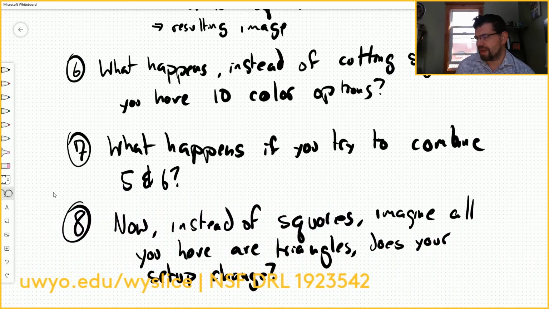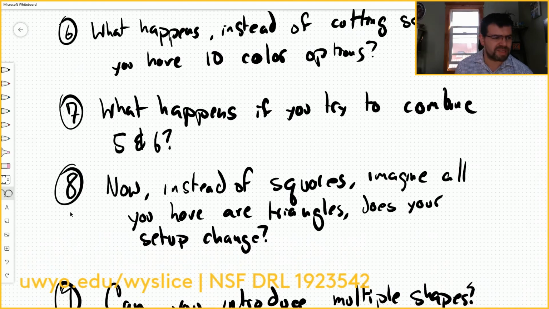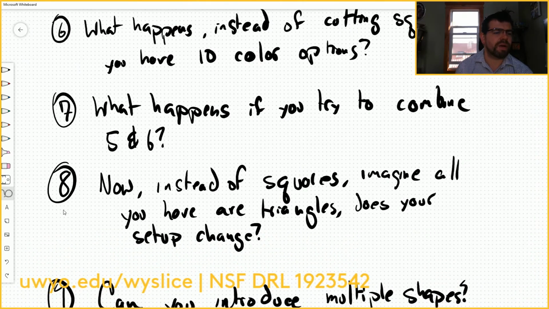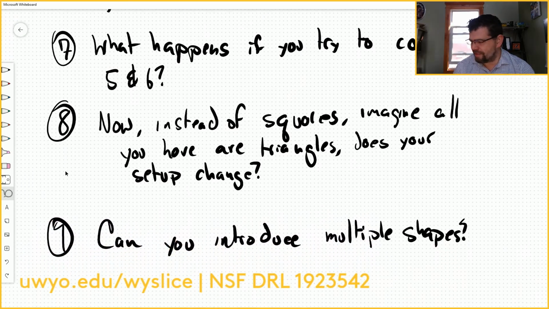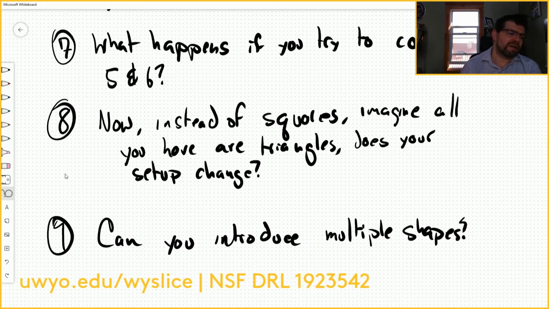Okay, now step 8 here. Instead of squares, imagine that I give you triangles instead. How does that change everything we've talked about? Does it cause other issues? And then finally, on number 9, I'll leave you with, do you think you could introduce multiple shapes?